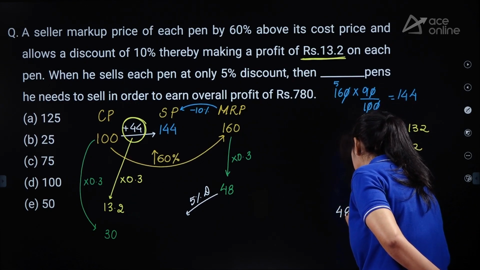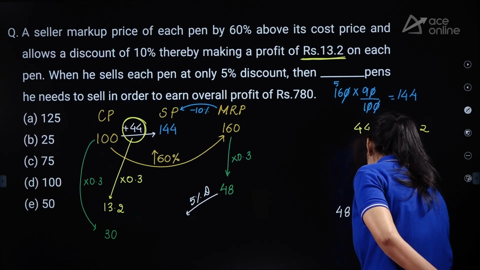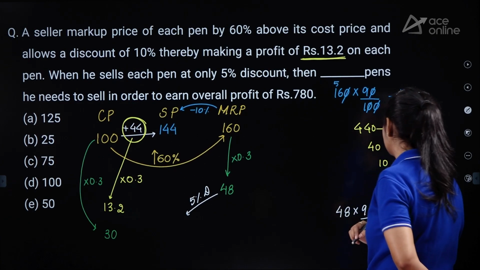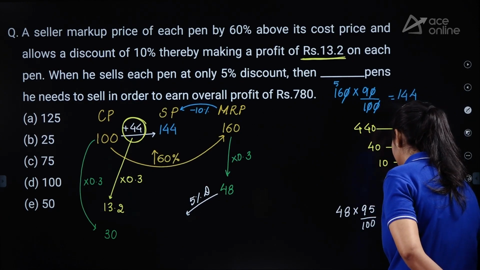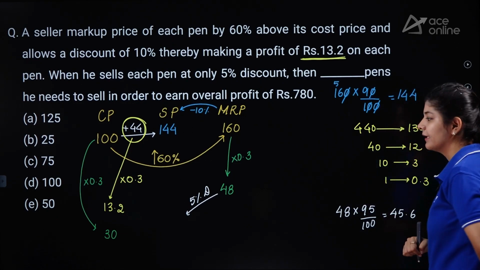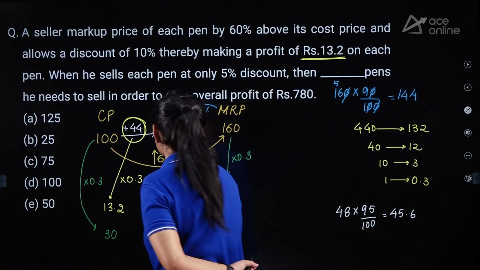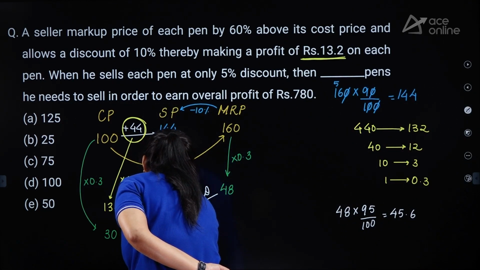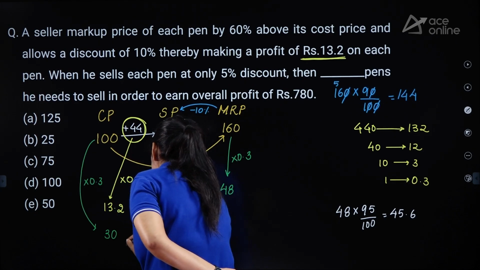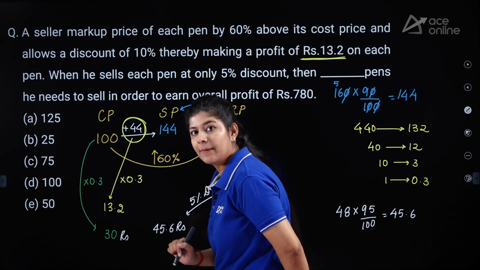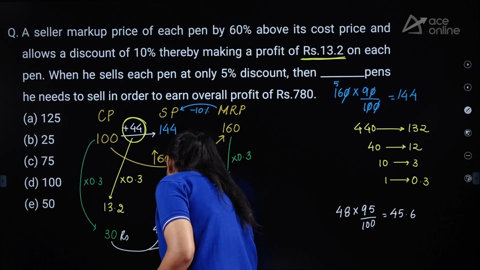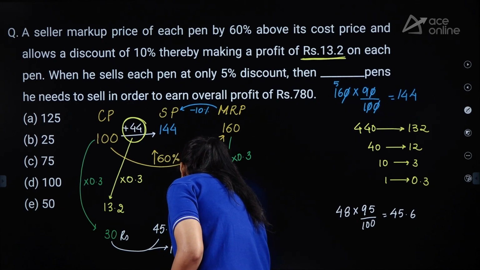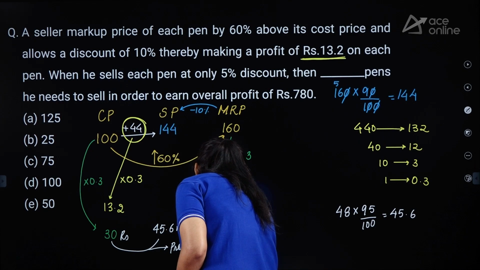So 48 into 95 by 100, and when we calculate it, it equals 45.6. So the new SP becomes 45.6 rupees. So here we are getting a profit on selling a single pen of 15.6 rupees.